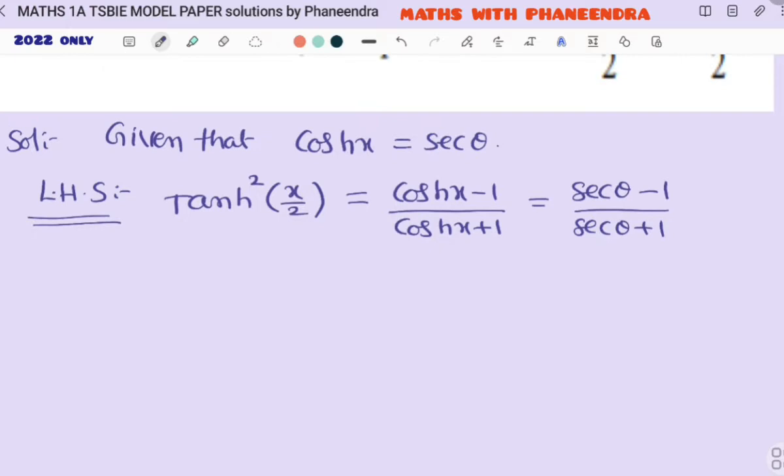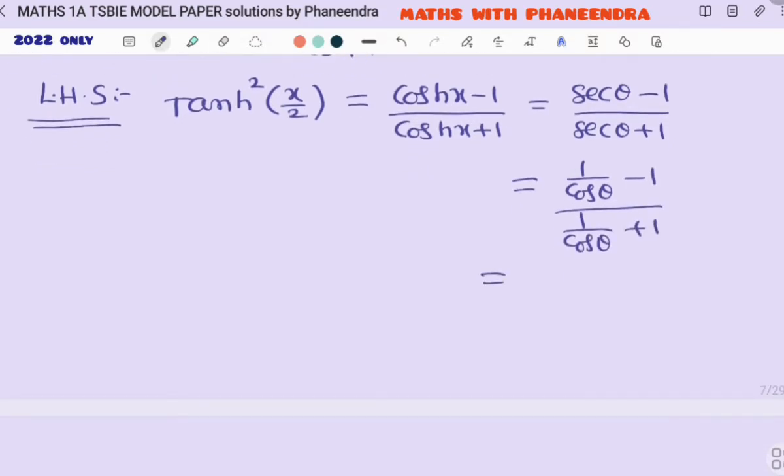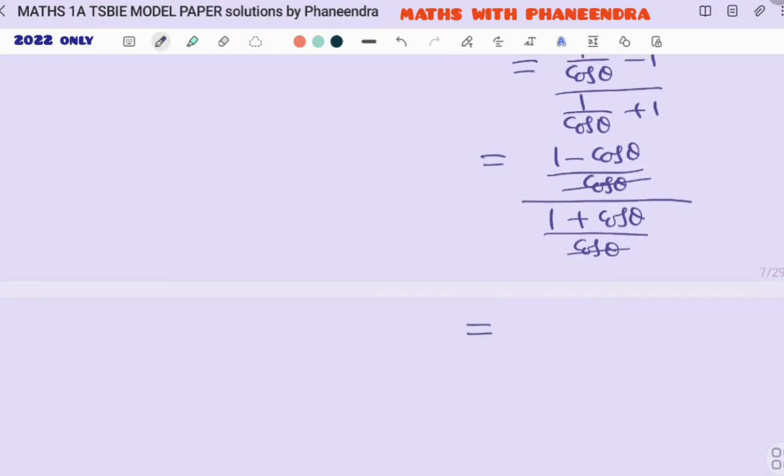So, secant theta means 1 by cos theta, minus 1, by 1 by cos theta plus 1. Take LCM in numerator and denominator: 1 minus cos theta by cos theta, whole divided by 1 plus cos theta divided by cos theta. Here cos theta gets cancelled. 1 minus cos theta means 2 sin square theta by 2, by 1 plus cos theta, 2 cos square theta by 2.